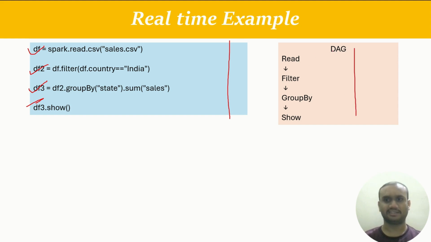DAG is the directed acyclic graph: read, filter, group by, display. So this is the DAG created by the driver node.